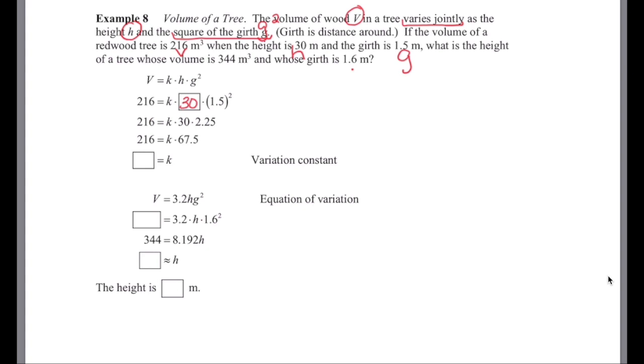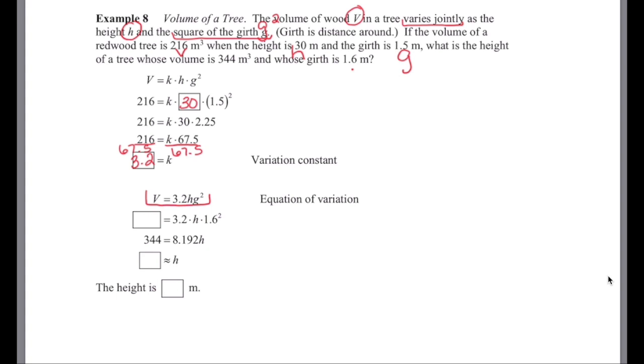Multiplying that by 30 gives us 67.5. When we divide by 67.5, we find that we end up with our constant at 3 2/10. So now we found our k value, which we can move into our equation of variation. Now that we have our equation of variation, we're able to solve for the last piece of the sentence.